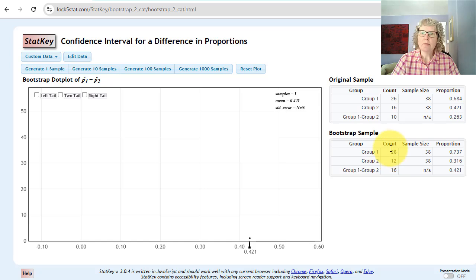And this time it got 28 instead of 26 and 12 out of 16. It's like we have 2 different sets of colored cards and it's reshuffling: one for the control, one for the drug, and how many kids developed diabetes and did not. There I got a difference of 0.421, so that's even larger.